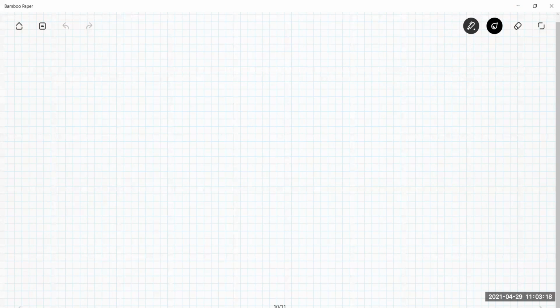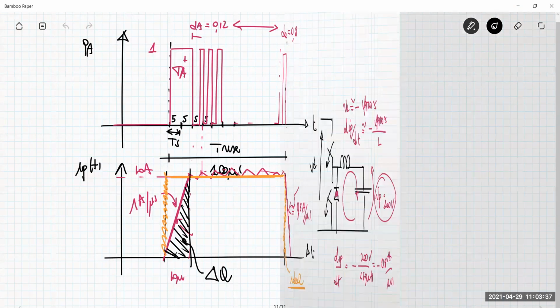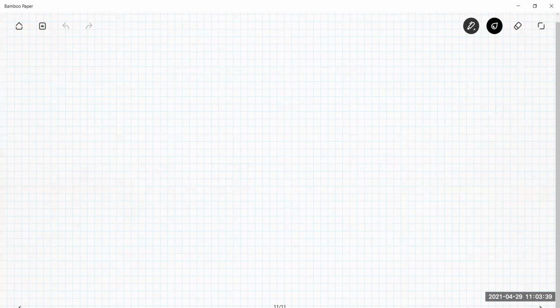Let me consider this charge, the charge which you have in this phase. Let me call this delta Q, which is the charge that we have, let's say, after 10 microseconds.